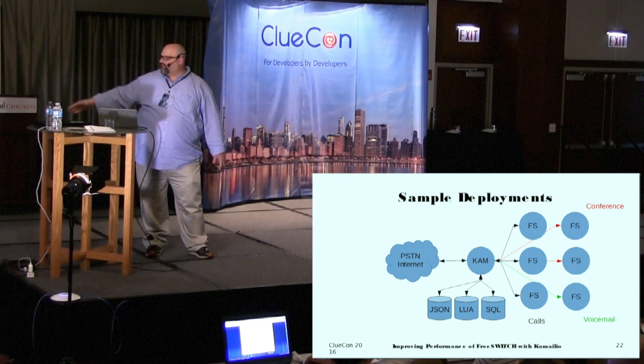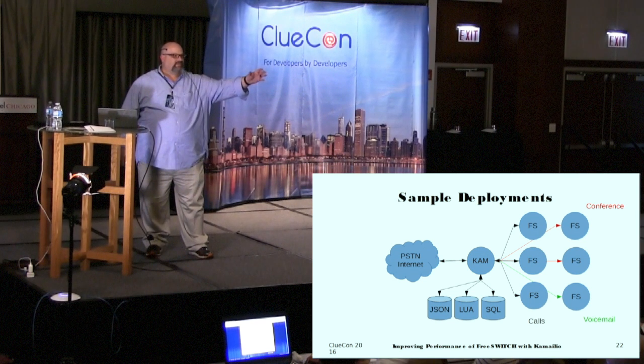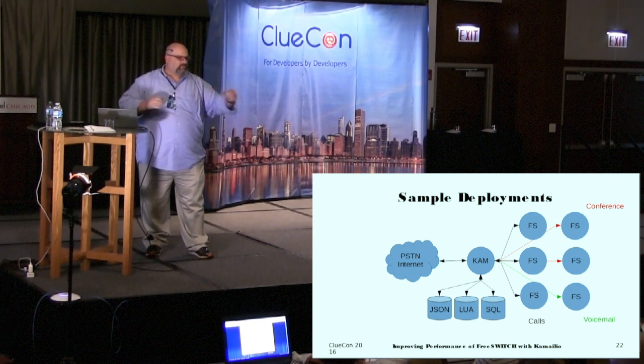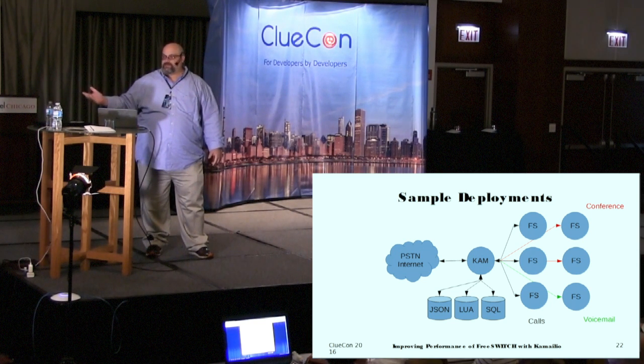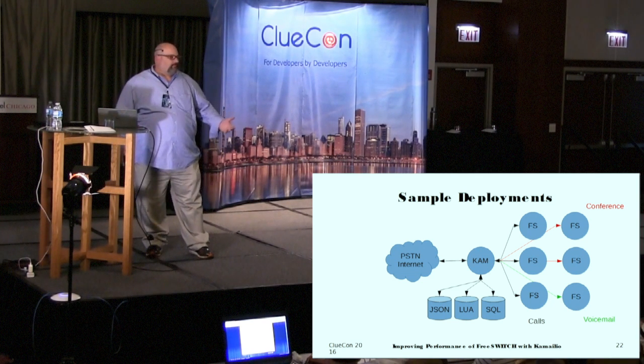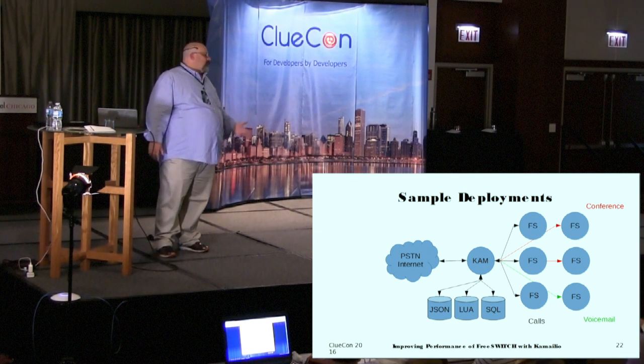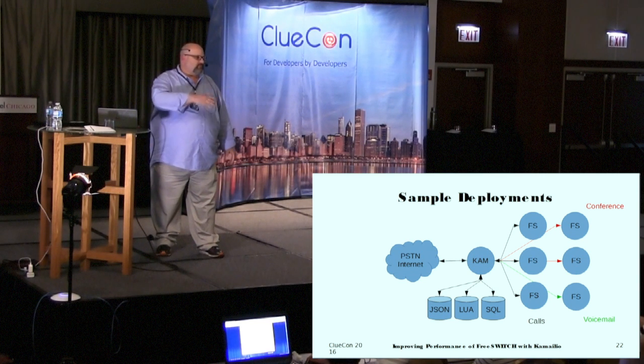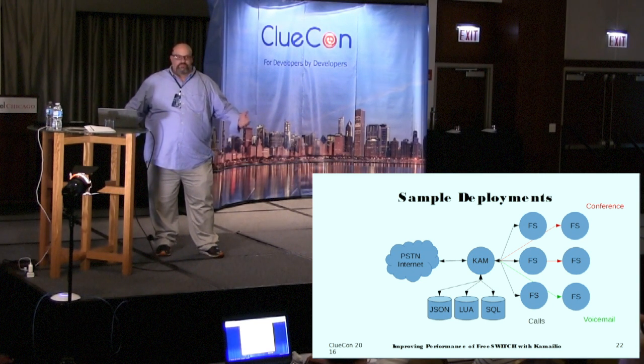I can put them in different regions of the world. I can go and, based on the geo IP, send it to a different FreeSWITCH that's closer to them for the media and then have the media go directly to them. I don't have to proxy the media if I don't need to. So you can start really doing complex deployments, and you can also, again, share that information with other Kamailios. So I could have a Kamailio in New York, one on the West Coast, one in Chicago, just because we're here now.